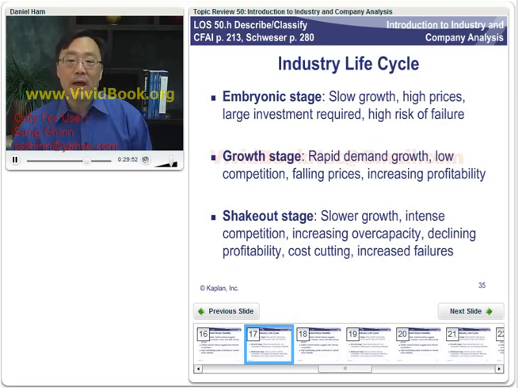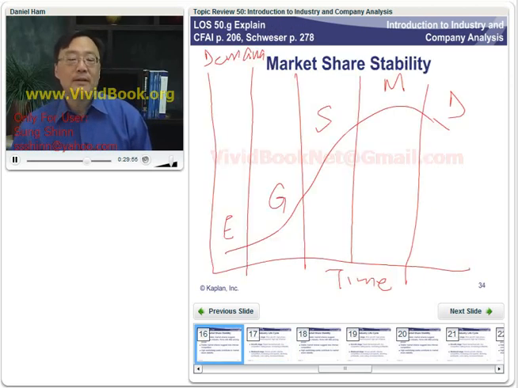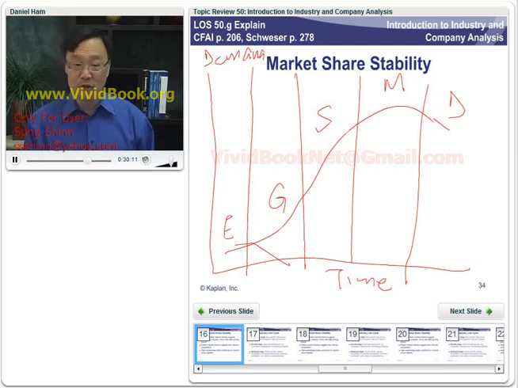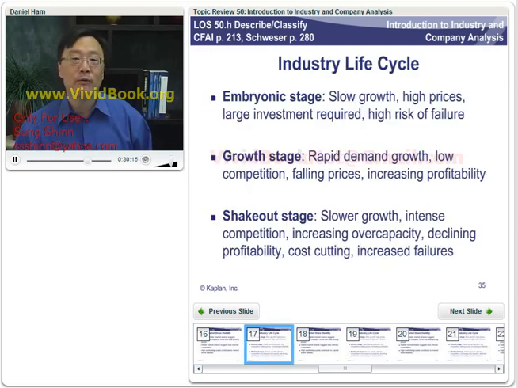Then the next stage is the growth phase, the second stage. In the embryonic stage, one of the things that could happen is you could start here and fail. If you get to the growth phase, that means your industry has matured somewhat. It's getting to a little better point, and in the growth phase demand is growing.